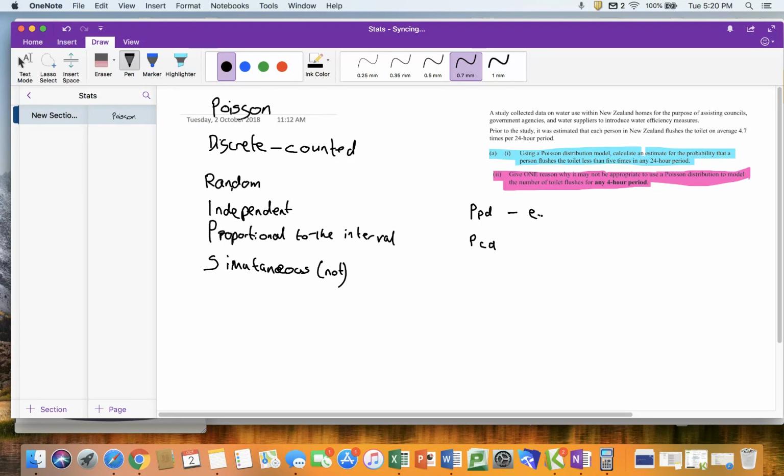So it's for an exact value, i.e. the probability that X equals 2. And PCD is for a less than or equal to. So it would be for the sorts of questions where they say the probability that X is less than or equal to 2. Okay, so those are the situations.